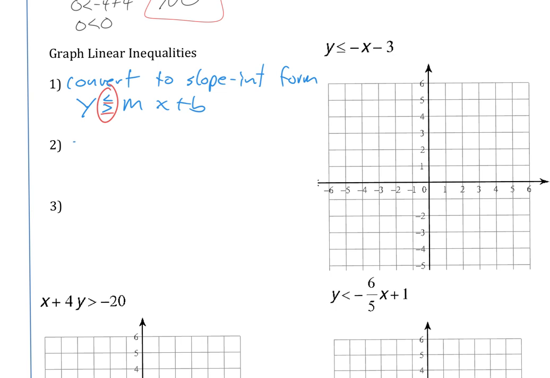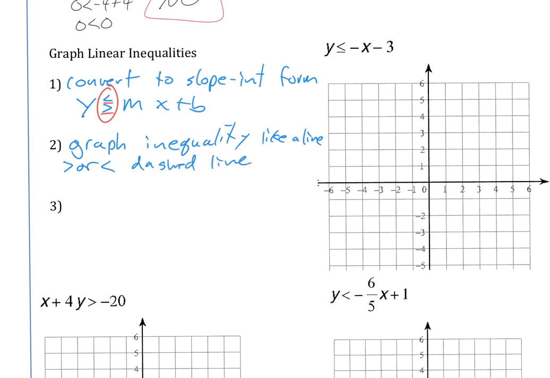Step two is to simply graph the inequality like a line, except for one thing we have to keep in mind. If we have a less than or a greater than, without the or equal to symbol, then that's going to be a dashed line when you graph it.